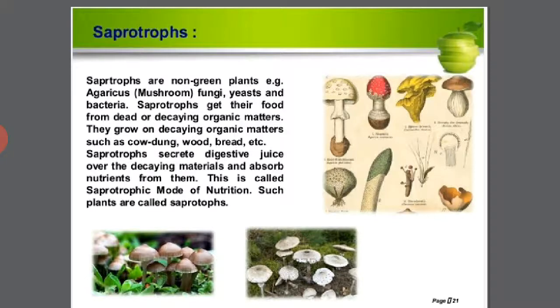They grow on decaying organic matter such as cow dung, wood, bread, etc. Saprotrophs secrete digestive juice over decaying material and absorb nutrients from them. This is called the saprotrophic mode of nutrition, and the plants which show this type of mechanism for their food are called saprotrophs.